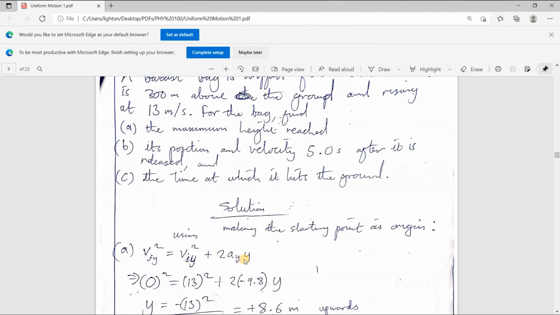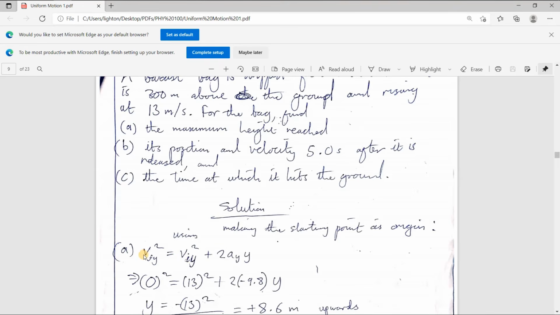Now since it is rising, our final velocity will be 0 because it just has to come momentarily to rest, since it's being pulled by gravitational acceleration. This bag is being pulled by gravity, which is always vertically downwards directed.